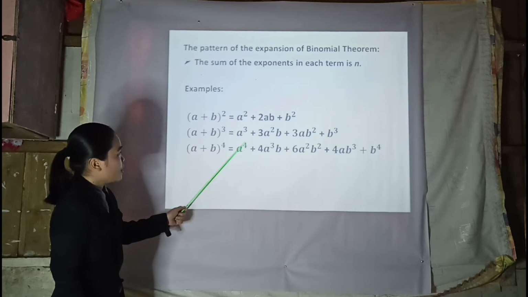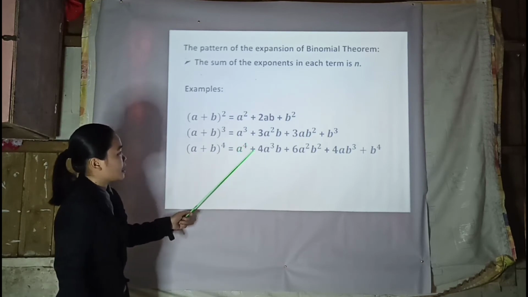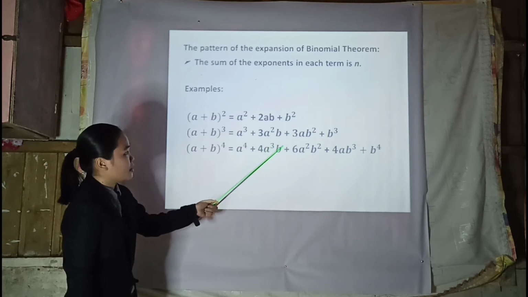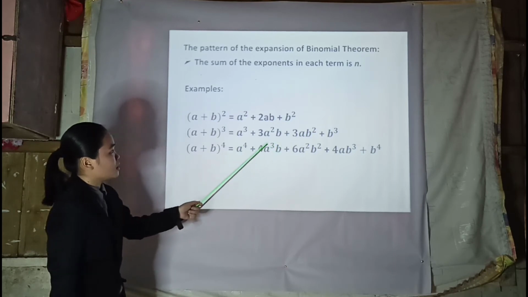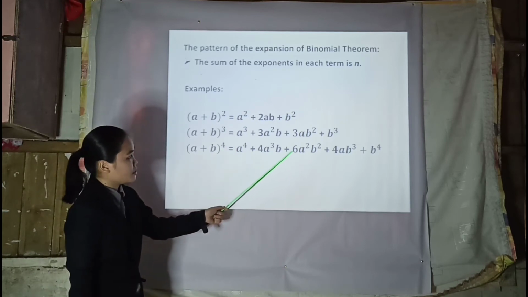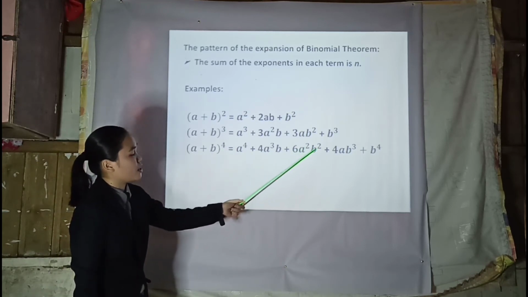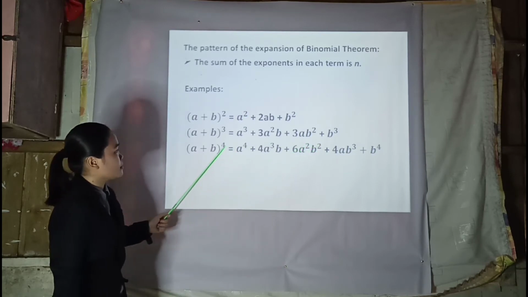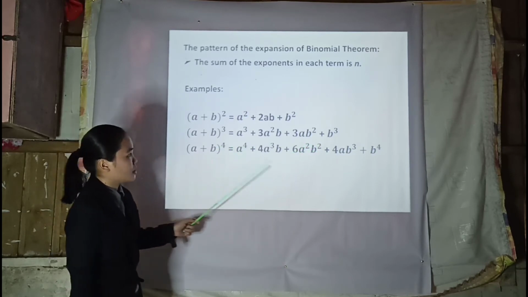So, 4 from the first term. The second term is 4a cubed b: 3 plus 1 in b is equal to 4. In the next term, 6a squared b squared, 2 plus 2, the sum of the exponents, becomes 4. So, it is also correct.